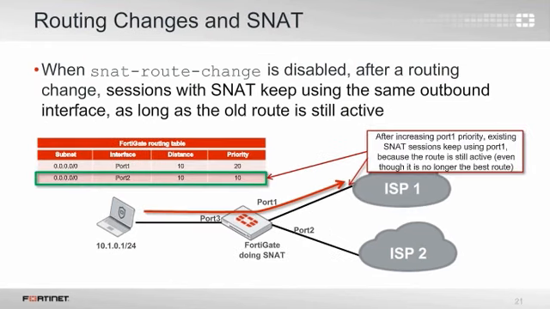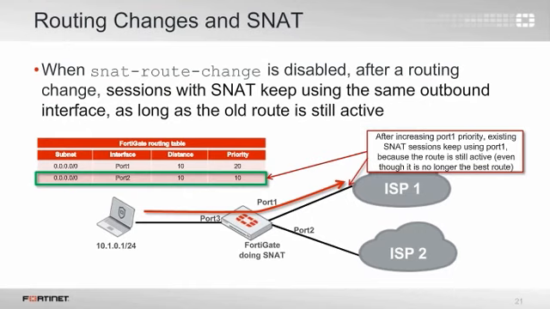If the administrator increases the priority for port 1 to a value higher than port 2, and if SNAT route change is disabled, all new sessions start using port 2 because it has the lowest priority. However, all the existing sessions continue to use port 1. The default route is through port 1.